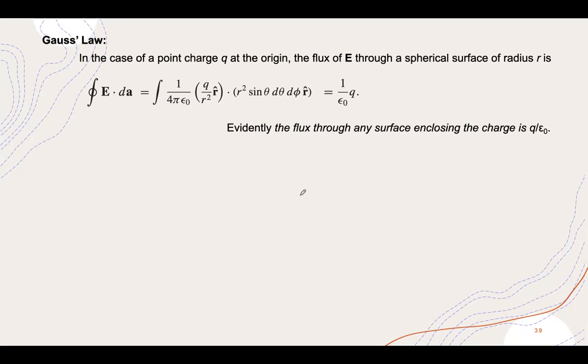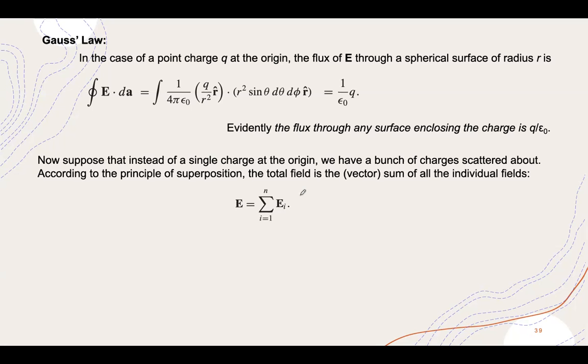So in general, when we apply Gauss law, sorry, but before that, I just wanted to mention that this electric field is nothing but the sum of all the electric fields, as we know from the principle of superposition. Sometimes, instead of a single charge at the origin, there are a bunch of charges scattered about.